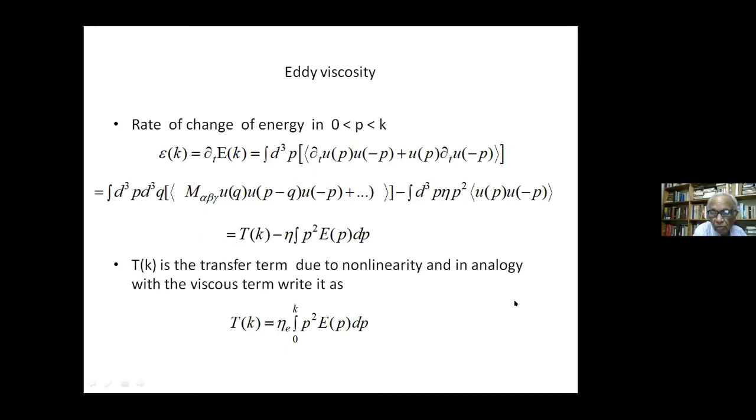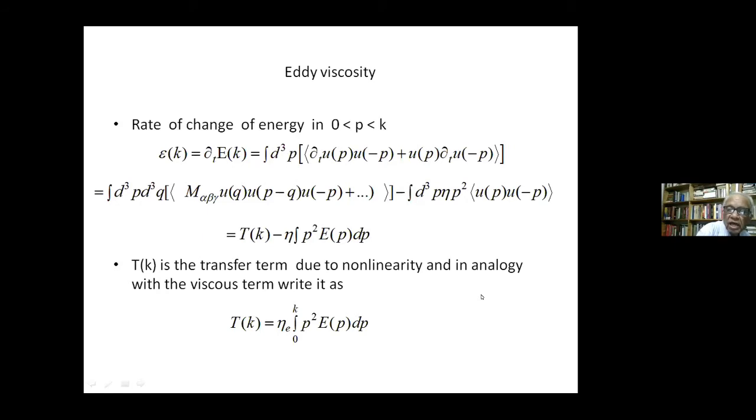So if you want to look at this transfer term, the point with the eddy viscosity is that, in analogy with the viscous term that you have over here, you are going to write the transfer term as a coefficient, eddy viscosity, times exactly the integral which you see in the standard viscosity thing.